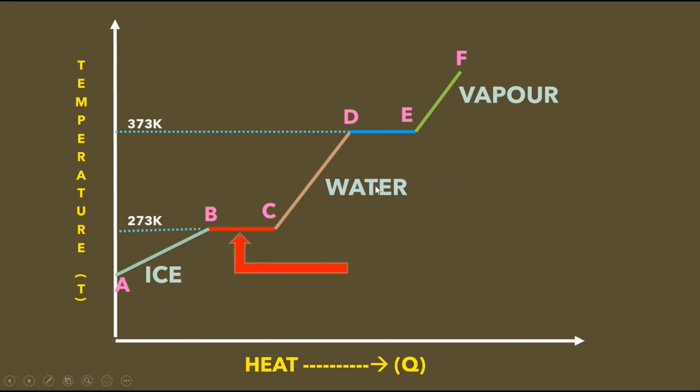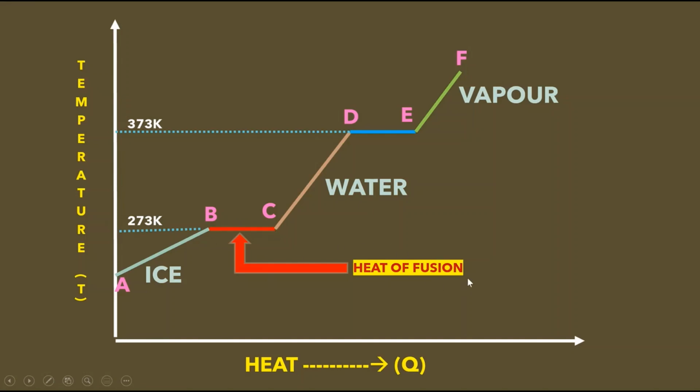Okay, so here this we call the heat of fusion, because this is the heat that is required to make the process of fusion possible. That is, from C to B, the liquid state changes to solid, right?